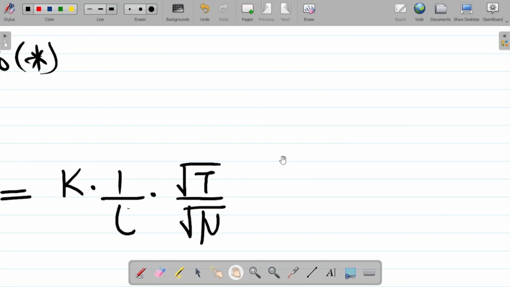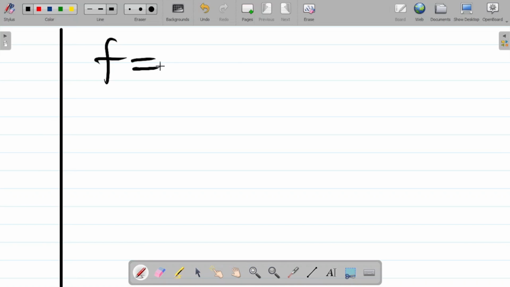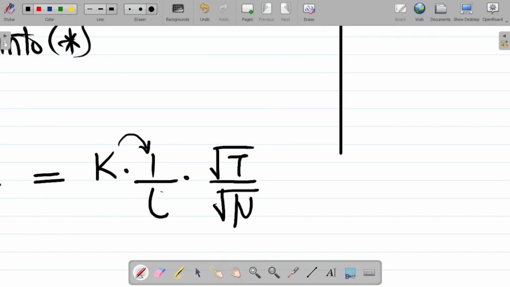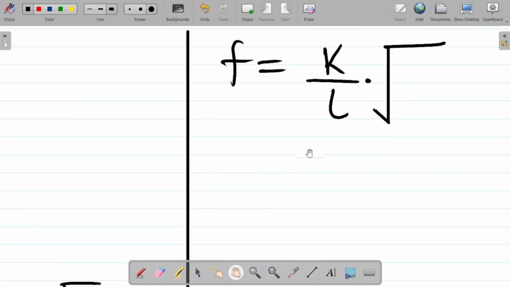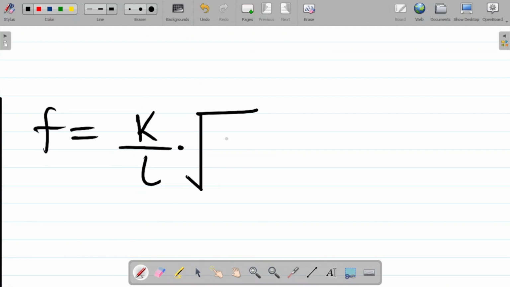So what do we have here? We'll have that f is equal to k. Of course, first things first, we have k times 1. That gives you k. So it becomes k all over L multiplied by, in the same square root sign, the square root of, the next thing we have there is, we said we can put t and mu under the same square root sign, so it becomes t over mu.